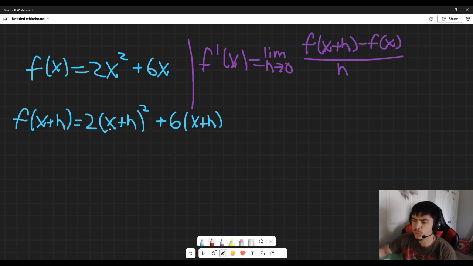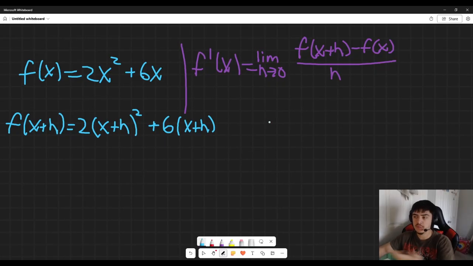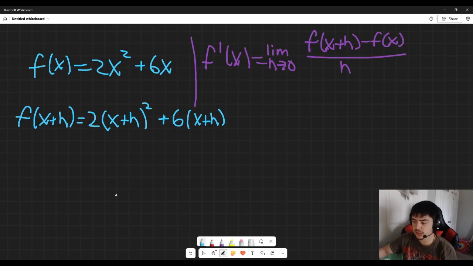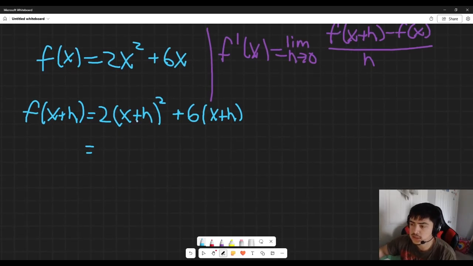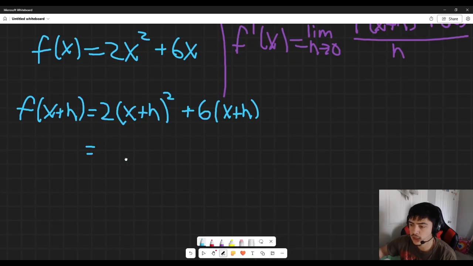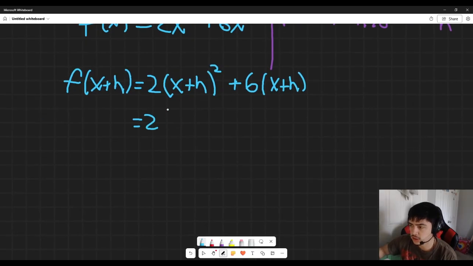But before we plug that in, I think it's a better idea to expand this on the side so it's not so clumpy on the formula. If we go ahead and expand this, open some parentheses, it'll look cleaner. So when we plug it in there, we can start canceling everything out. So with this, x plus h squared is going to look like this, right?